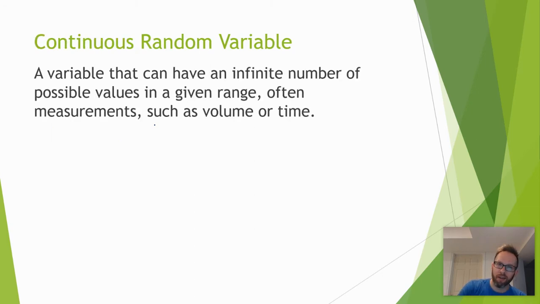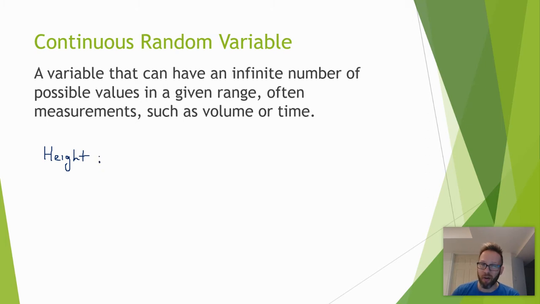Whereas continuous random variables are variables that have an infinite number of possible values in a given range. Often these are measurements like volume or time. For example, we talked about someone's height. What are the possible values for someone's height? We know for the total on two dice, you can get 2, 3, 4, 5, 6. You can just write them all down.